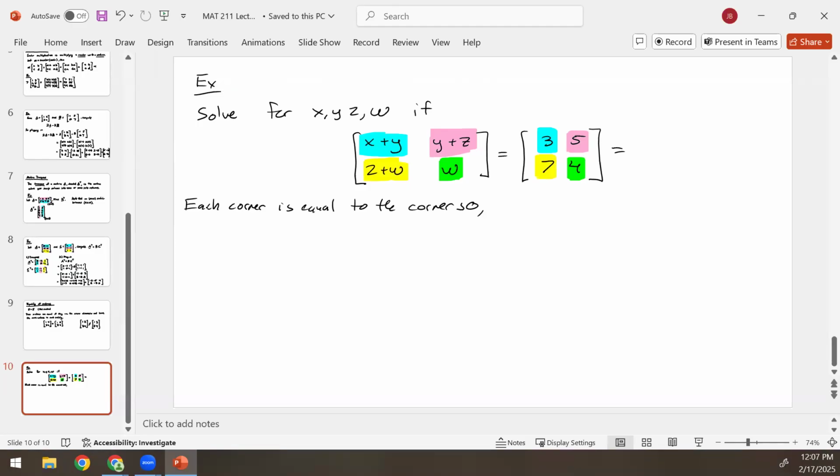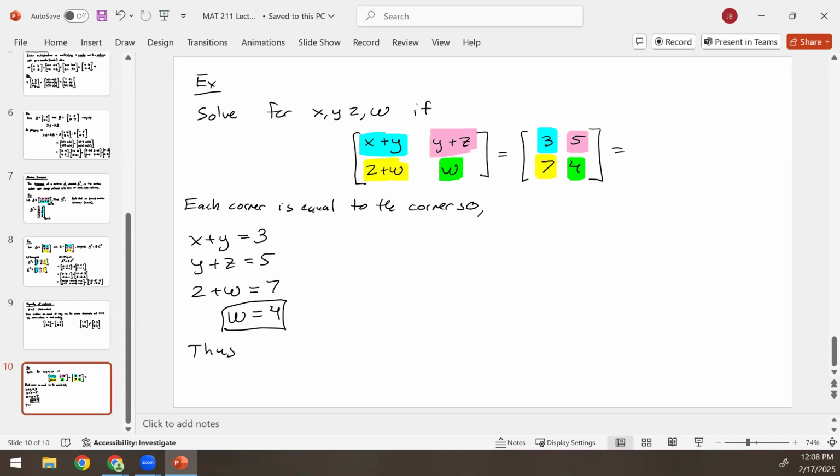So x plus y is equal to 3. y plus z is equal to 5. z plus w is equal to 7. And then w is equal to 4. And we notice, okay, w is equal to 4. So we got the first one.